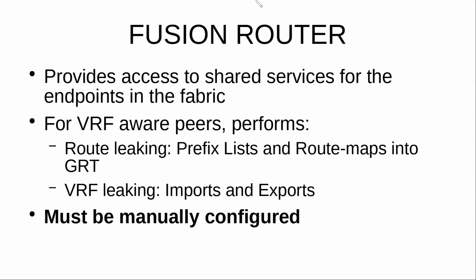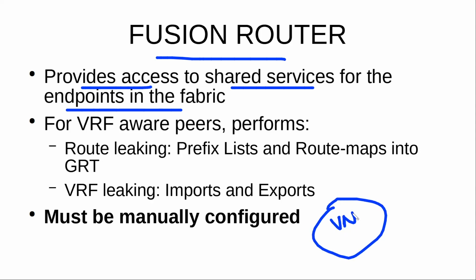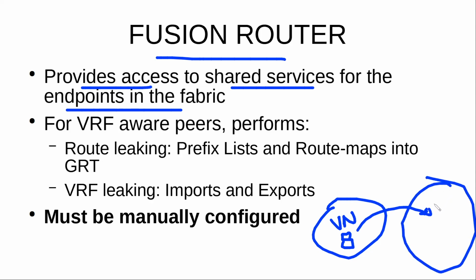So in summary, the Fusion router will provide access to shared services for the endpoints in my fabric. So for instance, I can have a virtual network with a device that now will be able to talk with, for instance, my DNS server, even though the DNS server lives in the global routing table and this device lives in a virtual network.